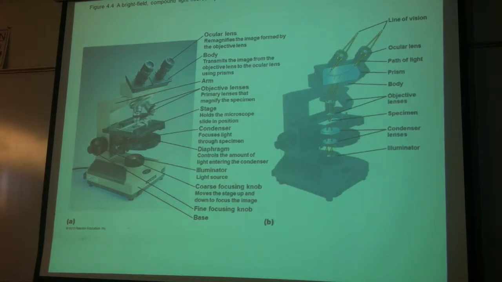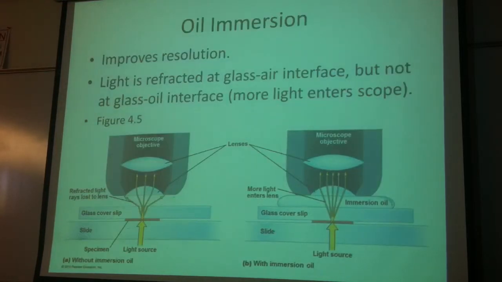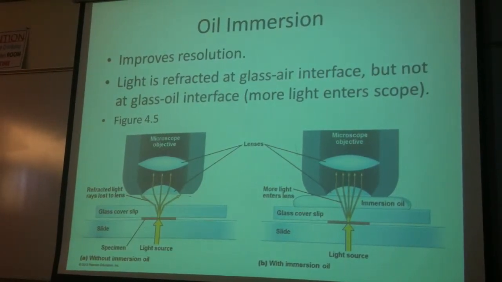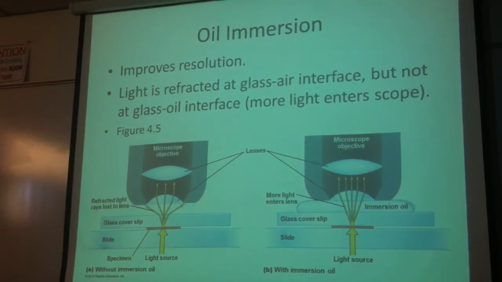Okay. Let's make the microscopes make a little more sense. Oil immersion. Why do we do oil immersion? When you're doing microscopy, light source, specimen, you're going through the slide, through your specimen, through your glass cover slip, you're going to get some refraction. For most of it, that doesn't matter. You're able to see enough that who cares that you're losing some of this.